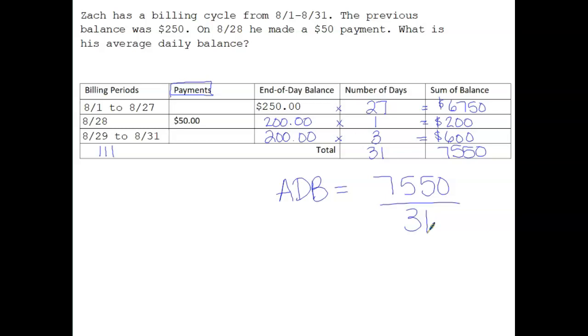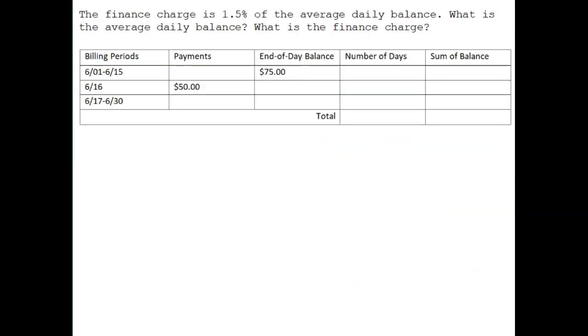So divide that by 31, and his average daily balance was $243.55.